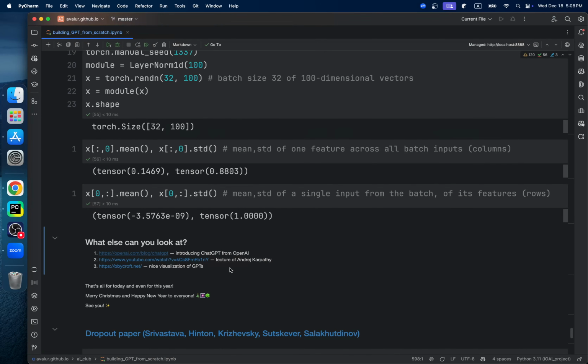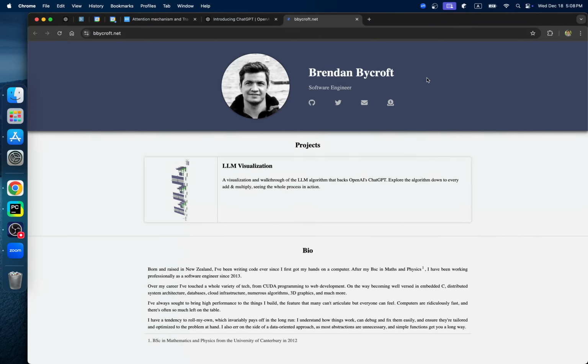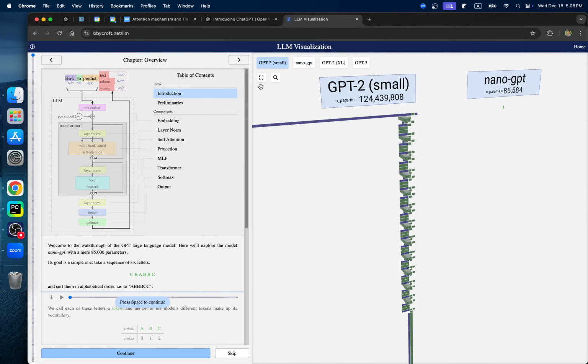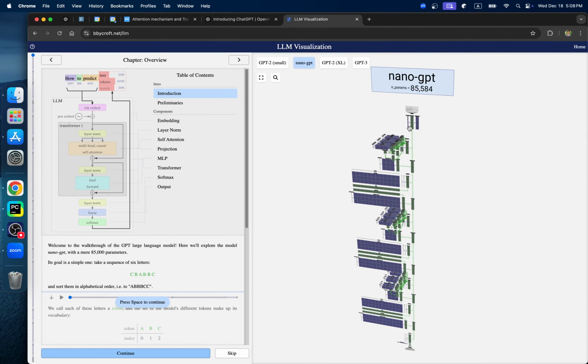And let me show you a very nice visualization of different GPTs. You see here a large language models visualization. We use almost not GPT-2, it will be something similar to Nano GPT, but a little bit more. Here you see 85,000 parameters, and we had about 200,000 parameters.